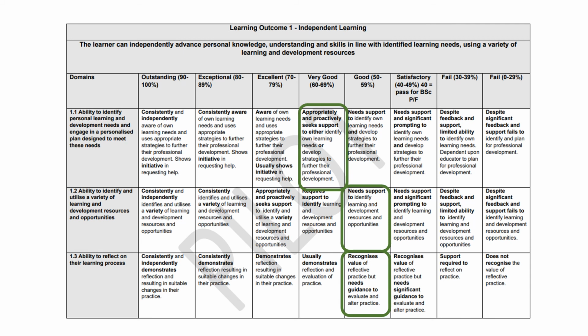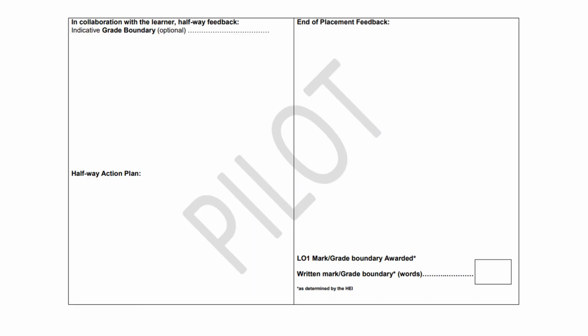If, for example, you have a learner with a very good and 2 goods within a learning outcome, you can use your judgment as to what the overall mark will be, understanding and applying the context of your setting. There is an assessment page with each learning outcome.